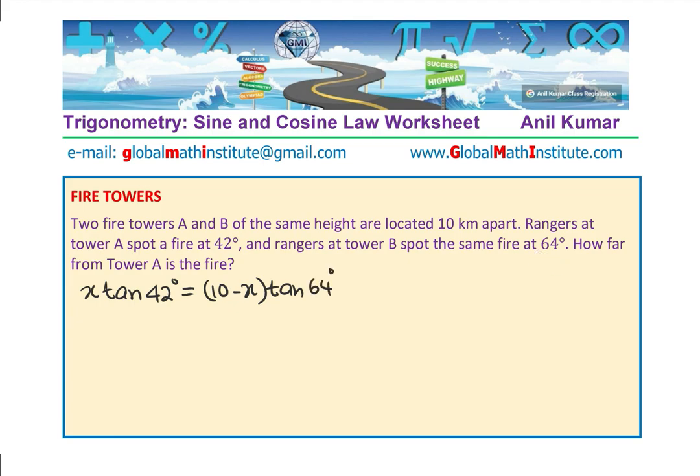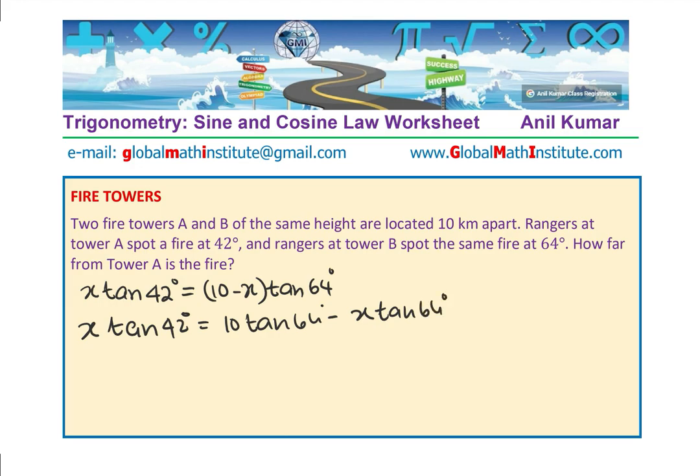Makes sense, right? Now to calculate, we'll just expand. So we get tan 42 with x and 10 times tan 64 degrees minus x times tan of 64 degrees, correct?